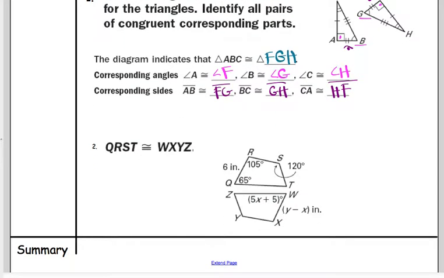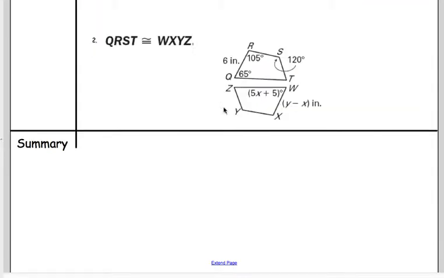So for this one here, we're going to use that and just look and see that Q and W are the first letters. Those angles should be equal to each other. See how Q has a 65 on it, and at W, it's got this expression for its angle. So you can use the fact that these are in corresponding locations to set these equal, and then use those to find x.